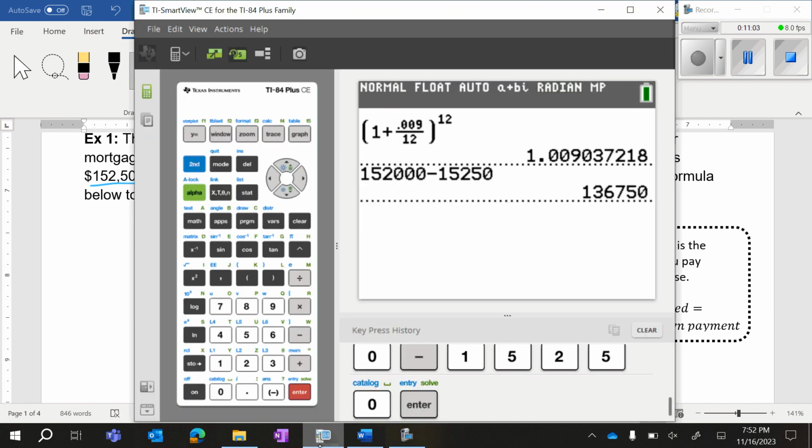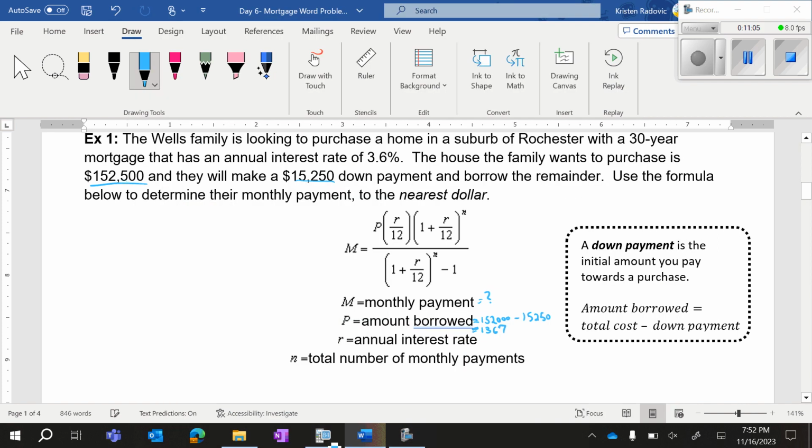Okay, we want to find M. We have P, we have R. You need the total number of monthly payments. So when you have bills, unfortunately, we get bills every single month. If you purchase something with a credit card, the credit card company will give you a bill every month. They're going to give you 12 bills a year. So same thing goes for houses.